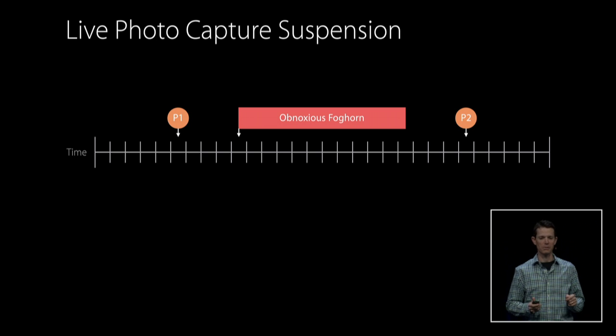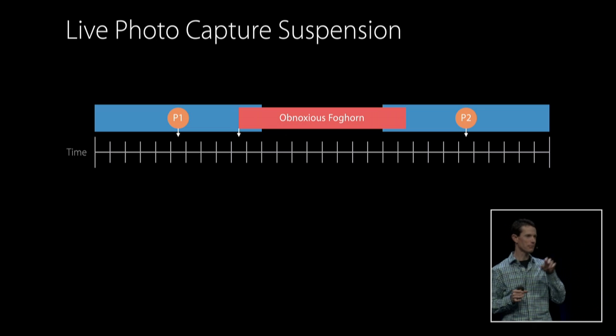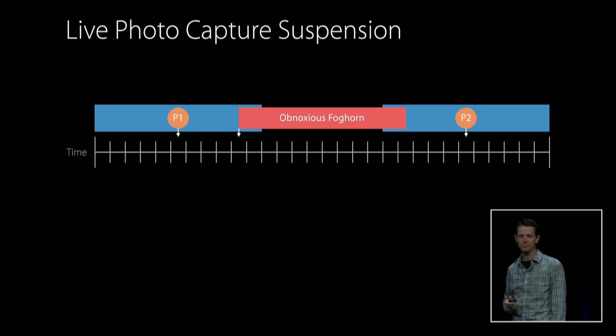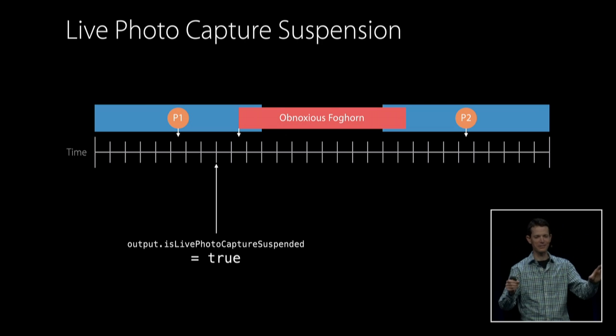So this is a problem, because since the movie portions of photos 1 and 2 overlap with the obnoxious foghorn sound, you have now ruined 2 live photo movies. You're going to hear the end of the foghorn in one of them and the beginning of the foghorn in the other. That's no good. So to cope with this problem, you can set is live photo capture suspended to true just before you do your obnoxious thing.